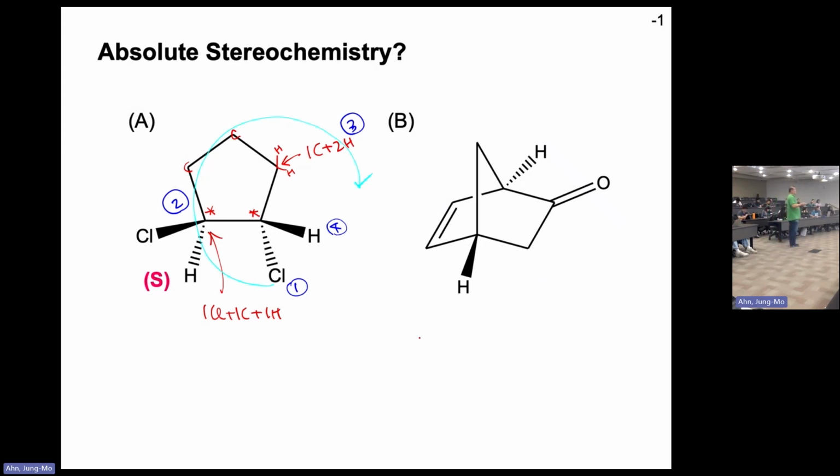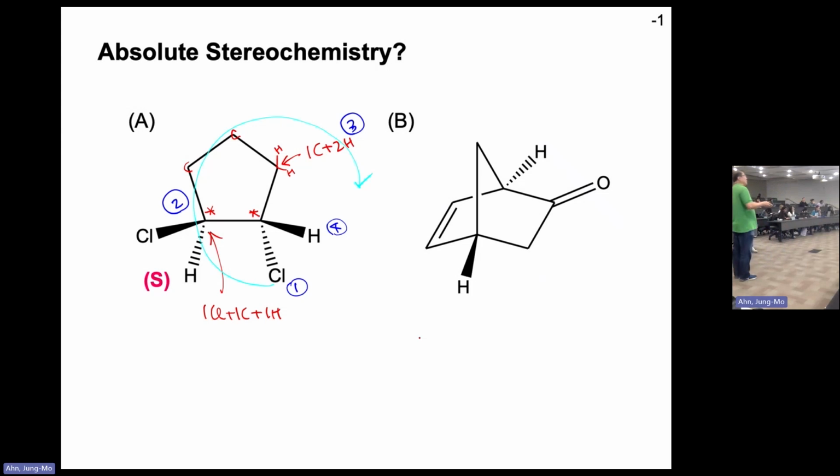Remind yourself when you see the fourth one coming toward you. After the lengthy process of assigning the priorities, you are so happy, you just want to rush to an answer by connecting them with the arrow. You're forgetting the fourth one is actually coming toward you. So that's why I'm telling you, do whatever you can to remember that whenever you get these situations.